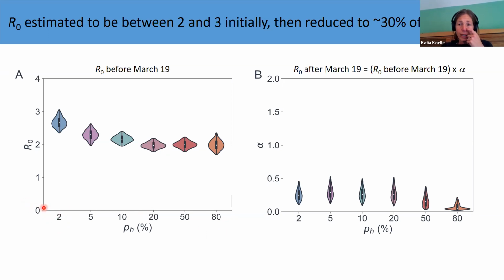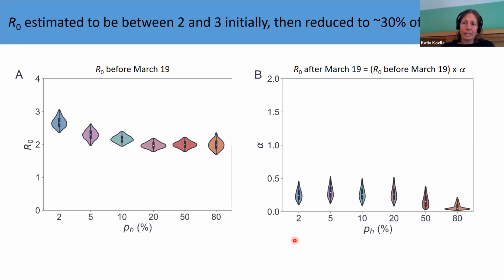You can see across this range of transmission heterogeneity that we estimated R0 to be approximately between 2 and 3 initially, before March 19th. And then after the lockdown, R0 decreased substantially and became about 30% of its initial value. So that's very consistent across the different levels of transmission heterogeneity.